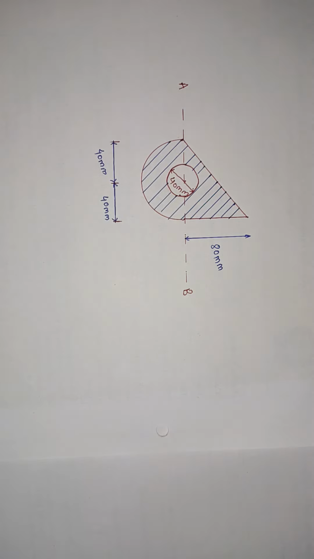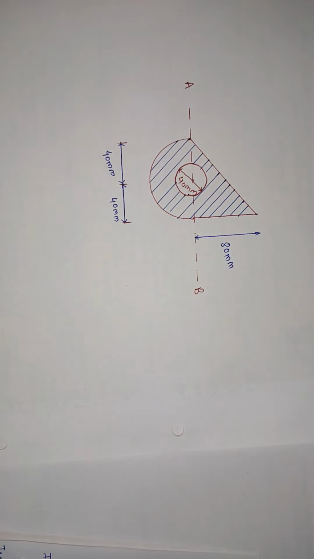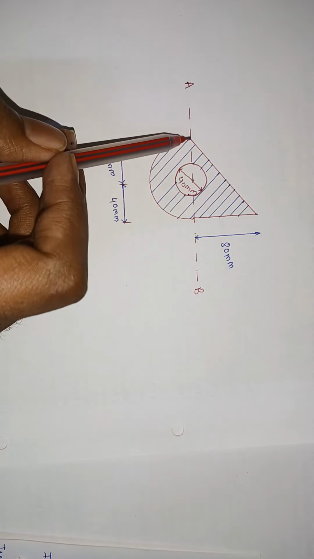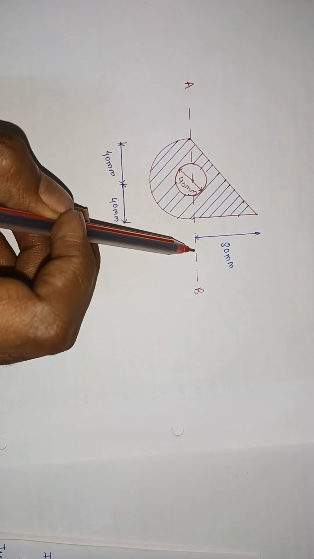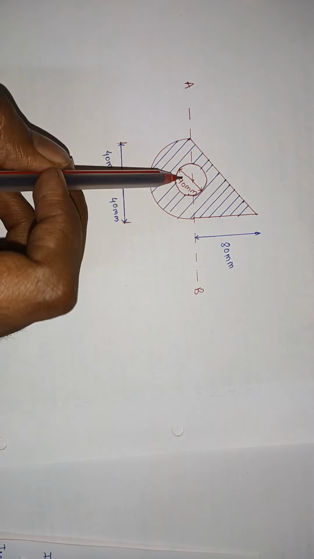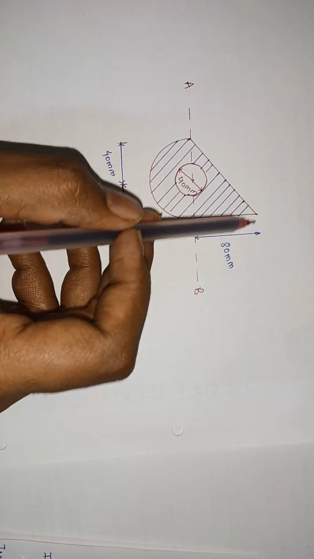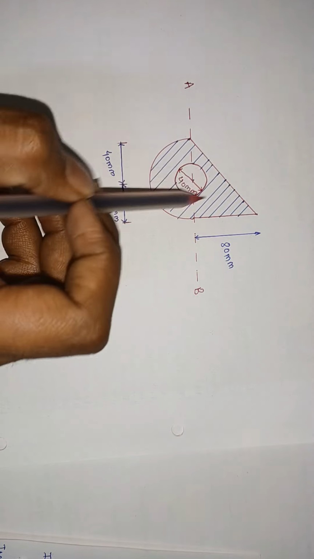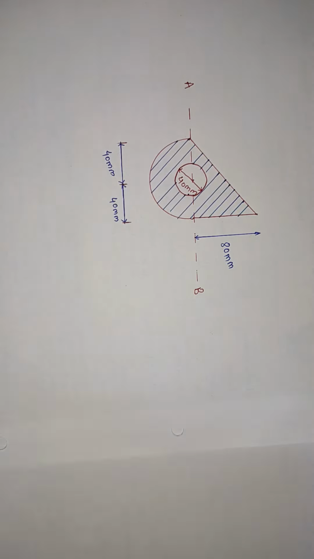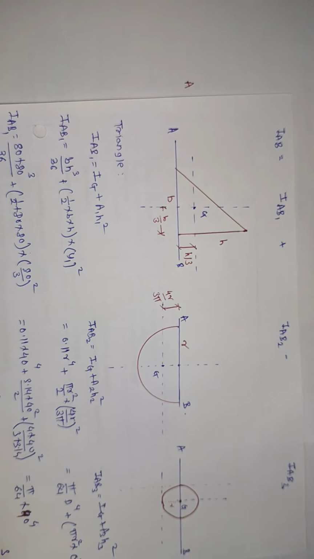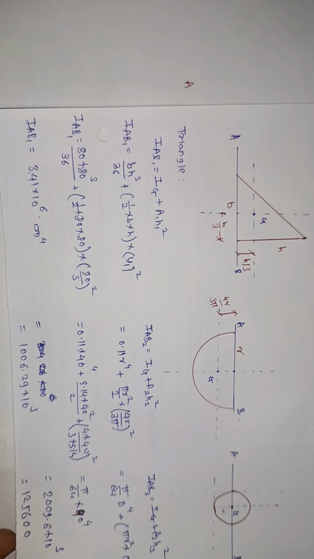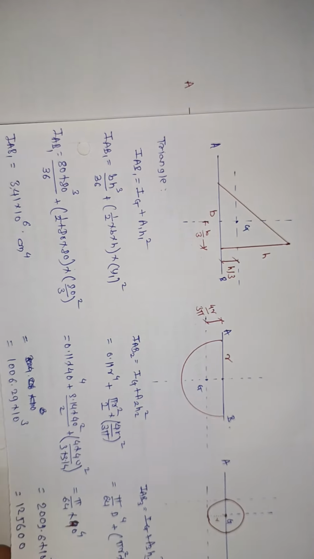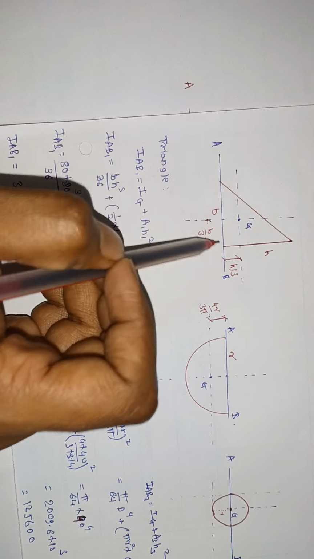So for that, we will draw the separate figures with respect to base AB. I will just read out the dimensions: 80, 80 and 40. Now just concentrate on this right angle triangle.